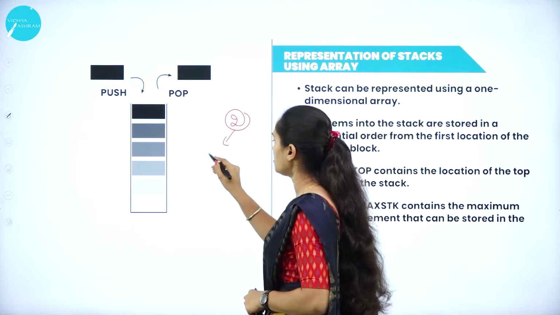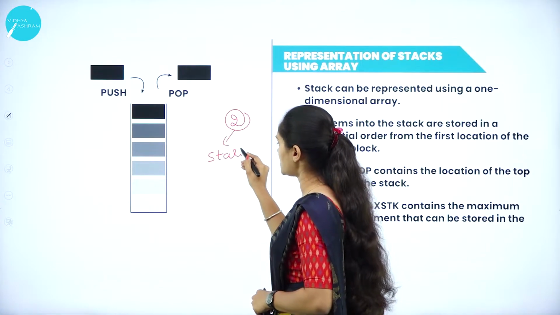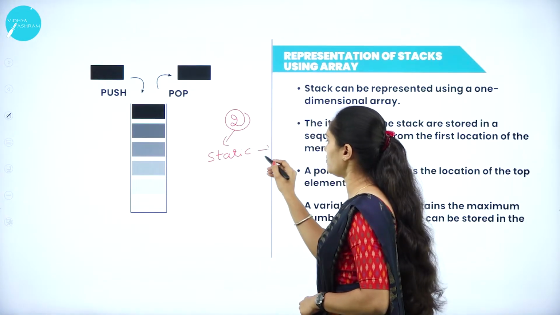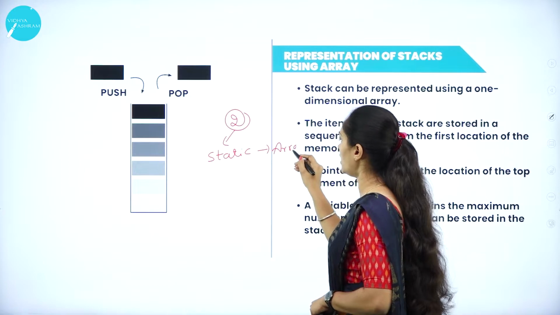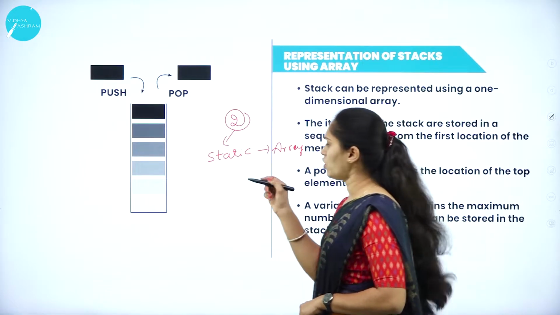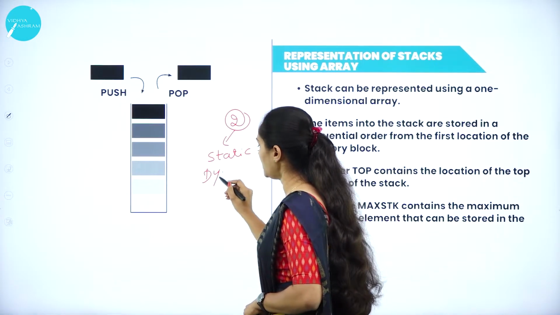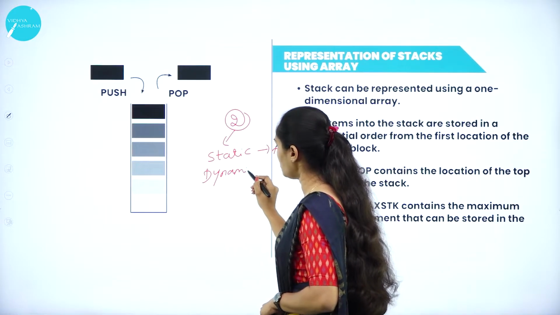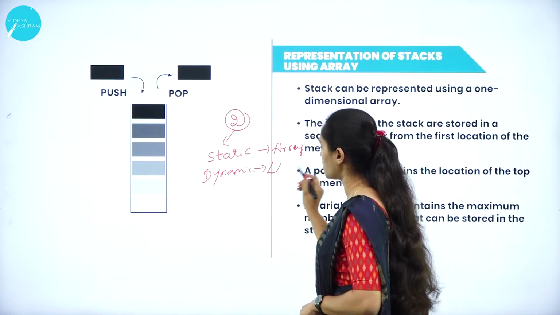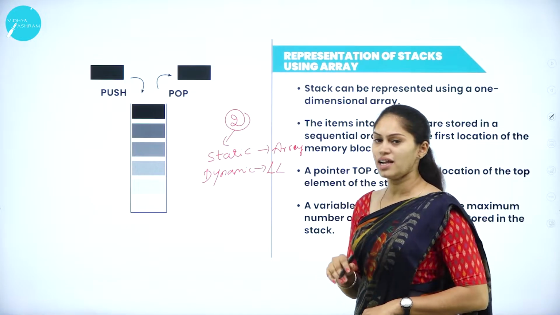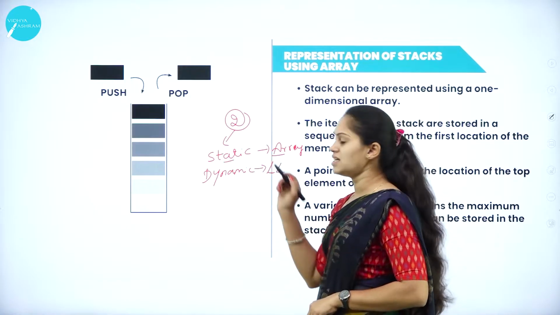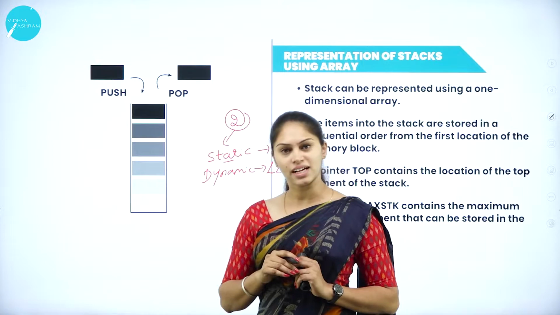If it is a static memory representation, then we use a concept called array. If you want to represent the stack in dynamic memory, then we use a concept called linked list. But here we are going to learn about the static memory representation, that is array.